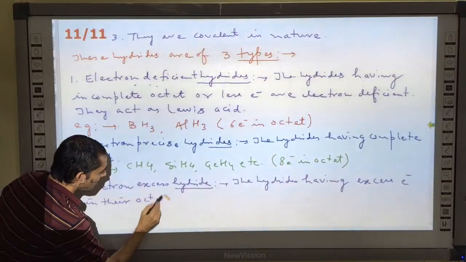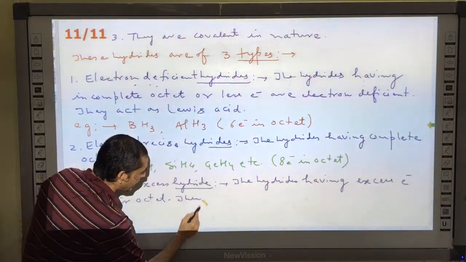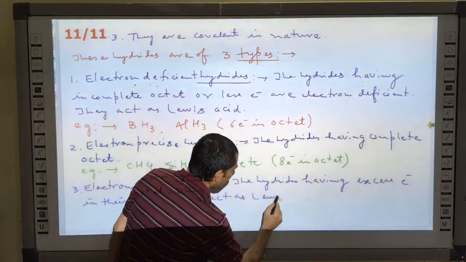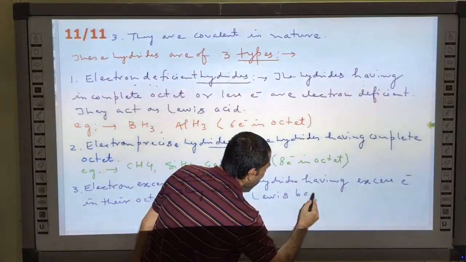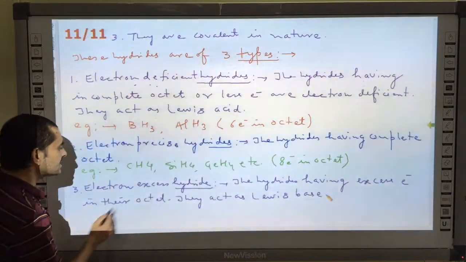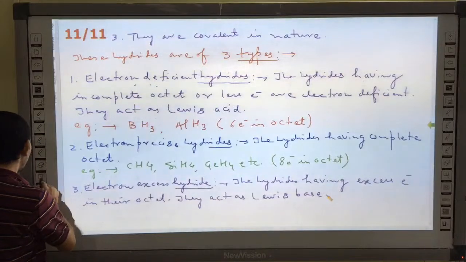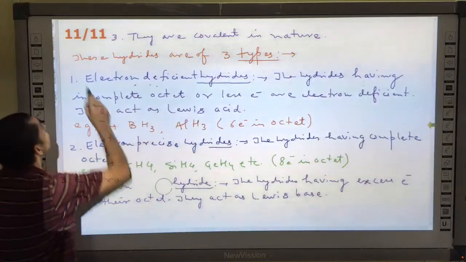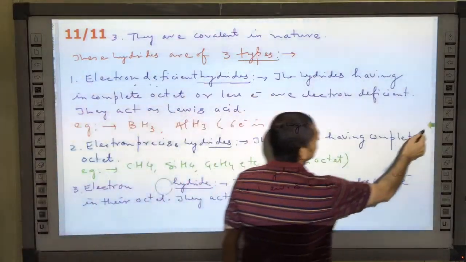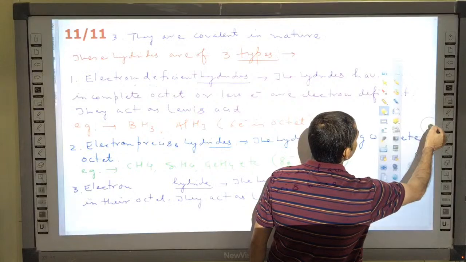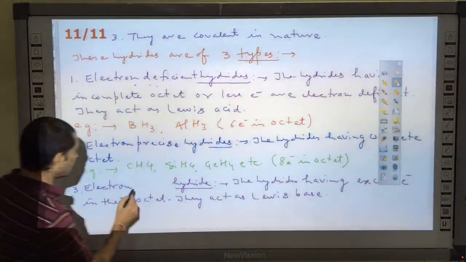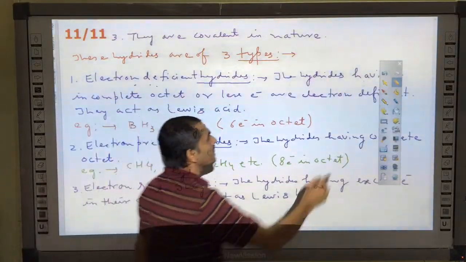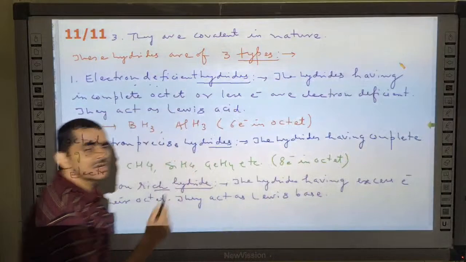They act as Lewis base, meaning they have excess electrons. You can call them electron rich hydrides. They are rich in electrons, with more than 8 electrons in their octet.